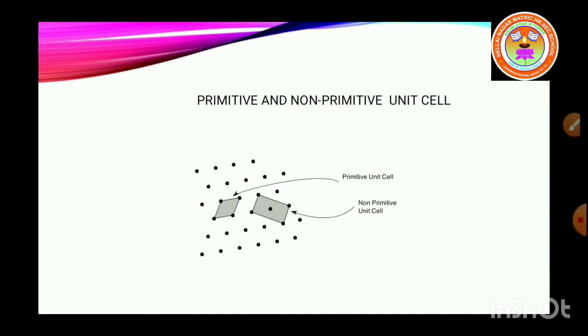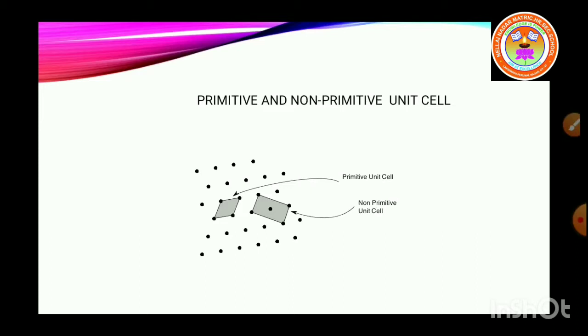Okay, so what is the next one? Non-primitive unit cell. How to say simply what is non-primitive unit cell? Particles are present at the corners as well as at other positions within the unit cell. Now clear what are primitive and non-primitive unit cells. What are the examples of non-primitive unit cell?